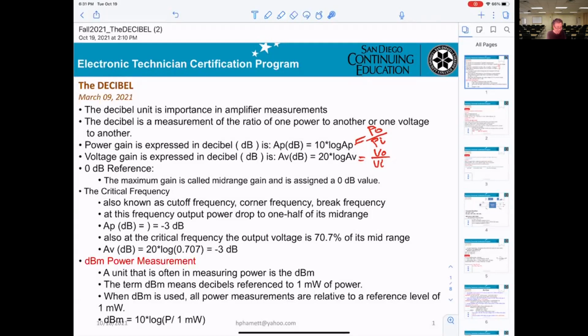0 dB reference. The maximum gain equals a mid-range gain and is assigned to be 0 dB.